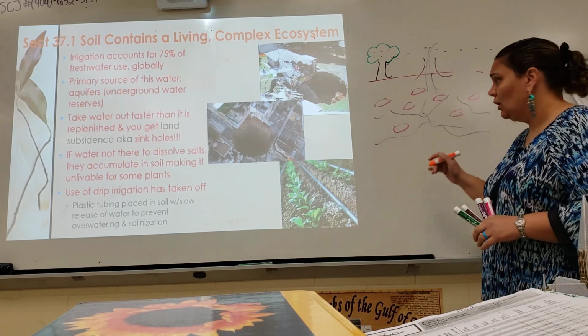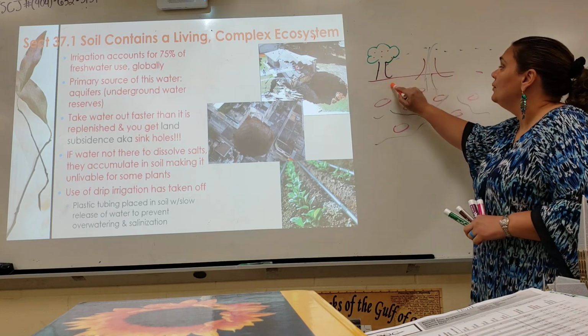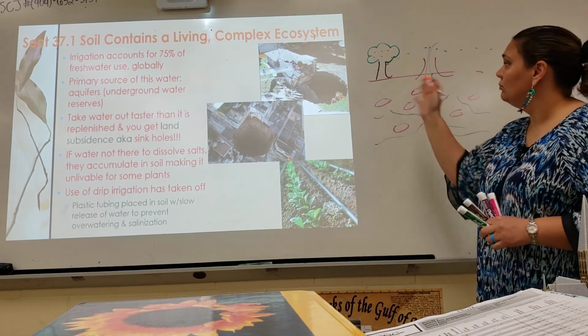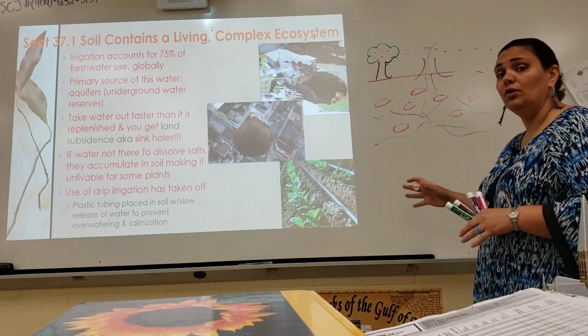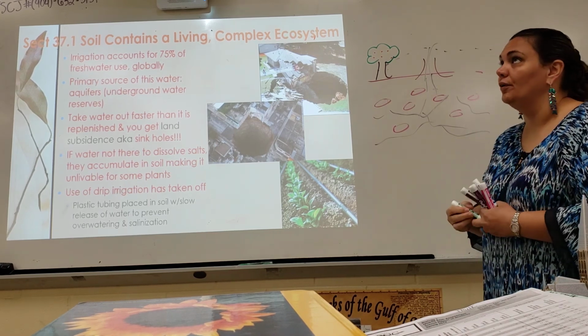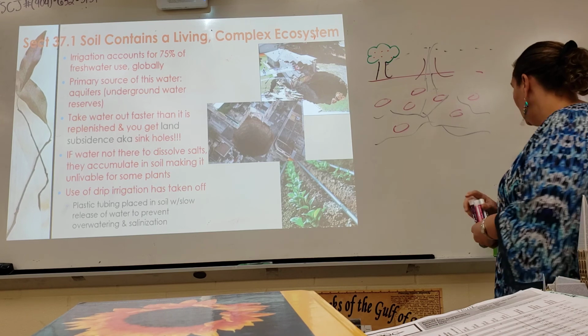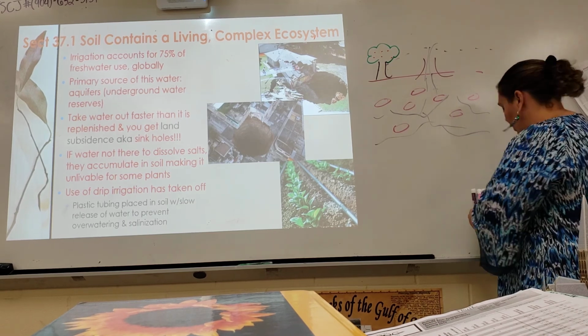Can't have that. So, because there was so much farming of orange groves in Central Florida, that's why there's more of an incidence of sinkholes in Central Florida.